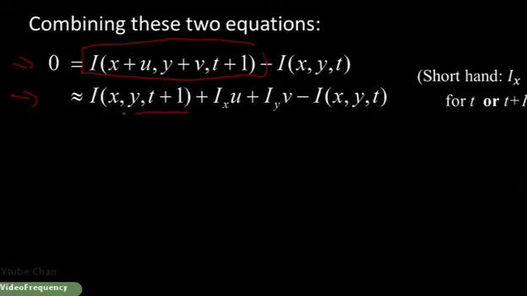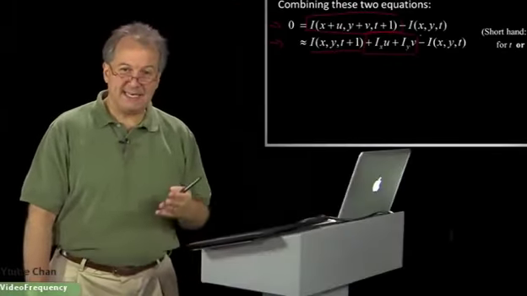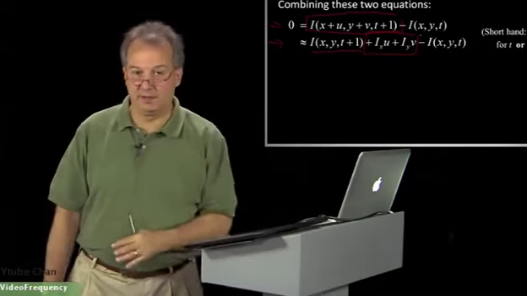So here's the original x, y at t plus 1. And then there is this derivative part: I sub x times u, I sub y times v. And I sub x is the derivative in the x direction. I sub y is the derivative in the y direction. Now, students will usually ask me, wait a minute, is that a time t or a t plus 1?